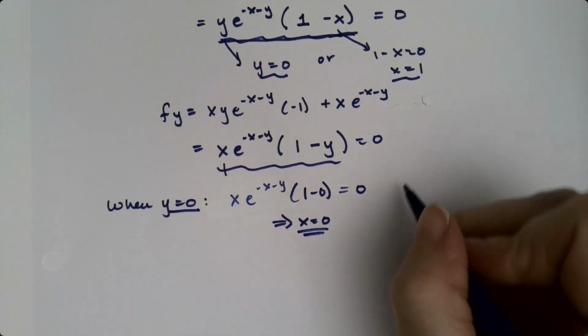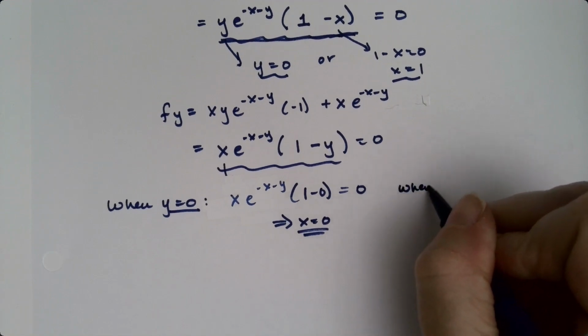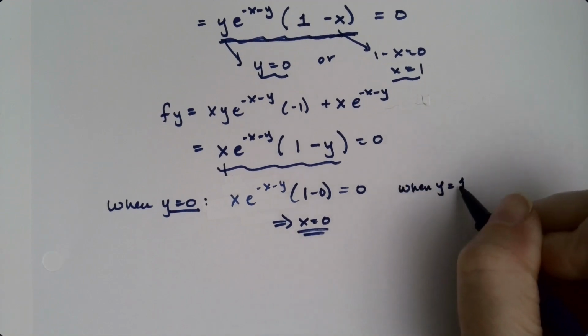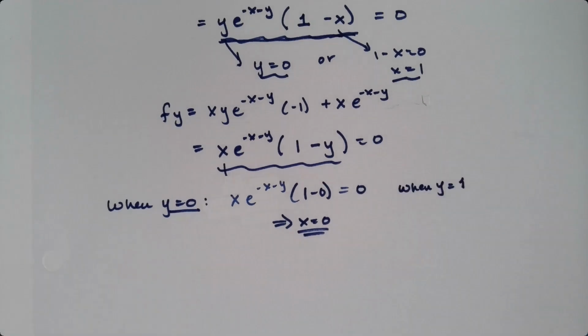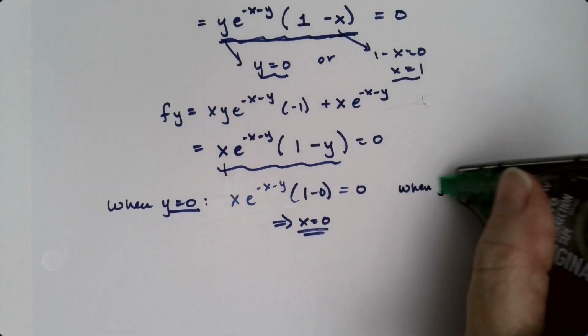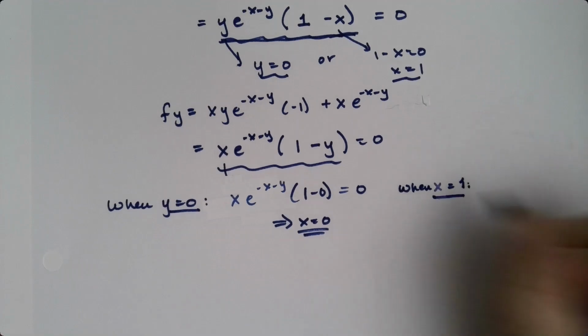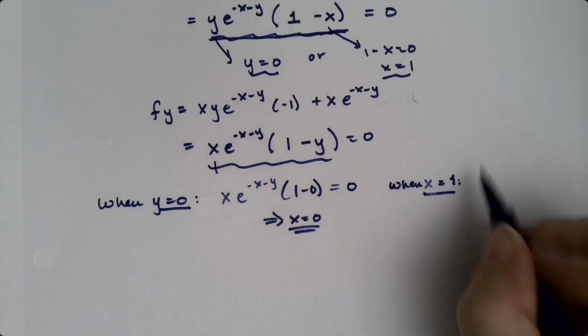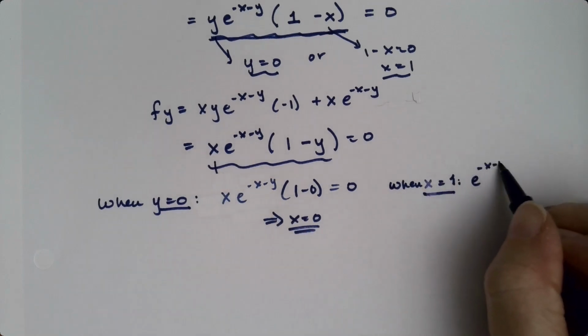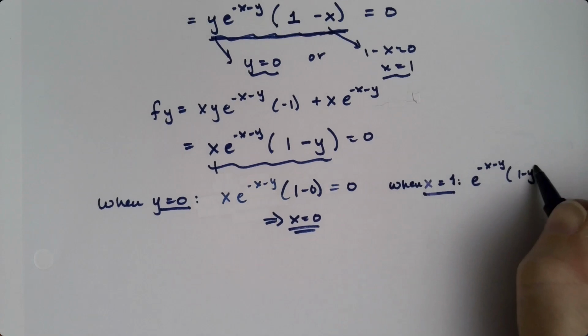Okay. What about when x equals 1? That was the other value we had. So if I put in x equals 1, I'd have 1 times e to the negative x minus y times 1 minus y equals 0.